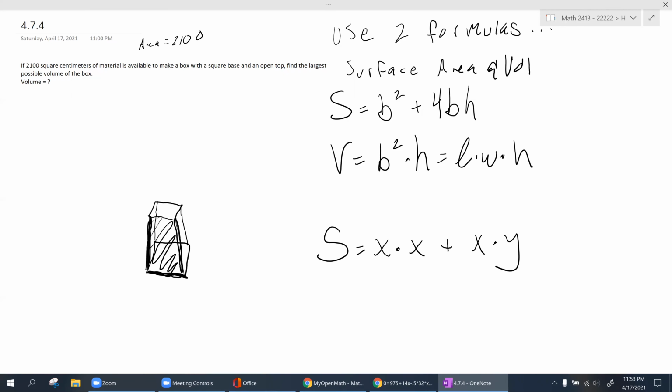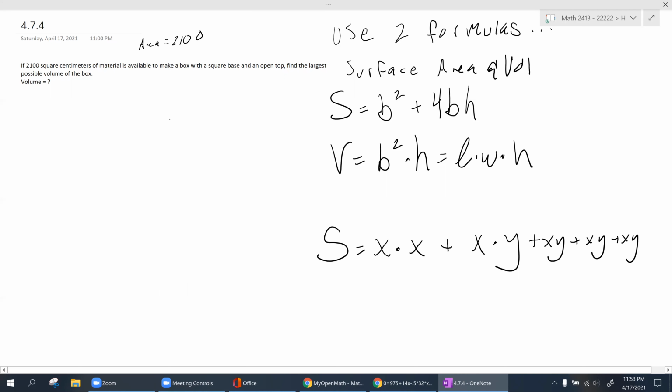I have 4 of them. I'm not going to do anything with the top because it's an open top box, so I'm not looking for that surface area. Meaning that my surface area would be x squared plus 4xy.